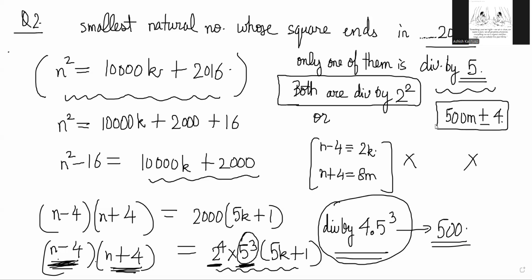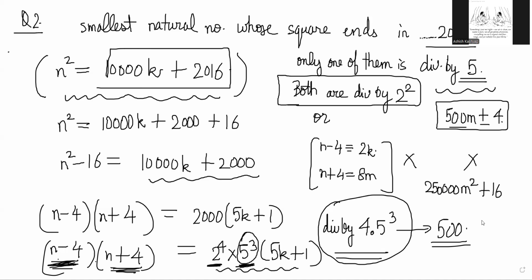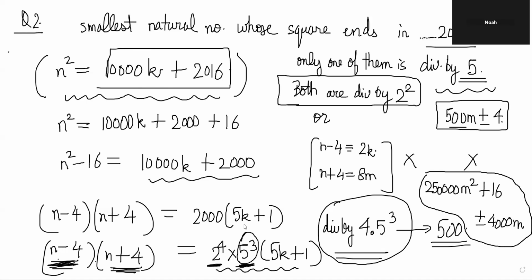If you multiply this and find n square, our numbers are 500m plus minus 4, either one of them, right? So we'll get 250,000 m square plus 16 plus minus 4,000m, right?